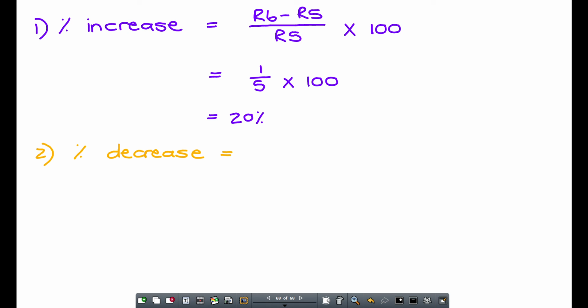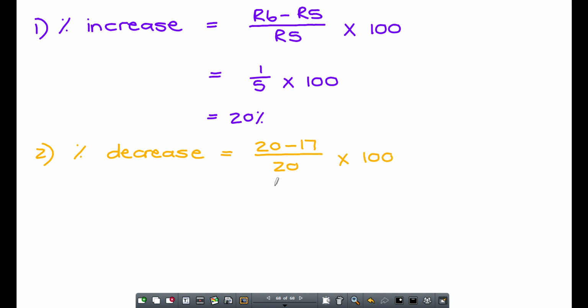Okay, determine the percentage decrease in the population. Okay, so how do I get the difference? I'm going to say 20 minus 17 over the original of 20. It was 20, right? So times 100. Make sure that your bottom part is 20 and not 17.